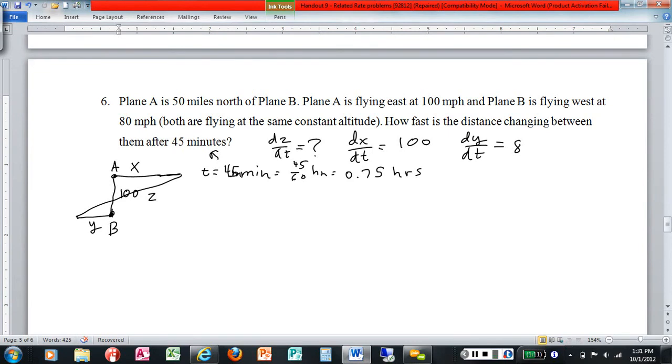What if I brought this little distance down here and then drew that right there and just focused in on this triangle here? So this long side here, and then this. What is this right here, this long side? Wouldn't that be Z?